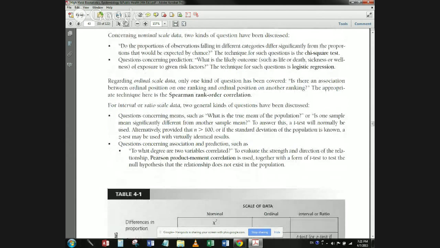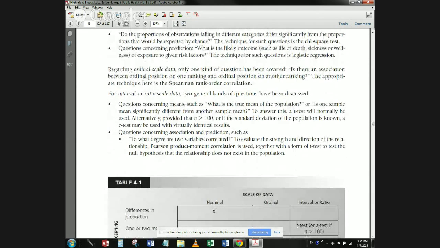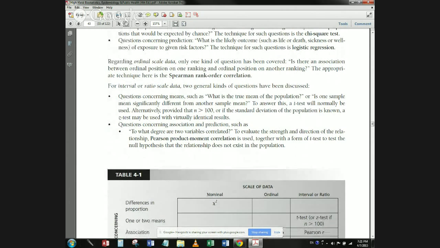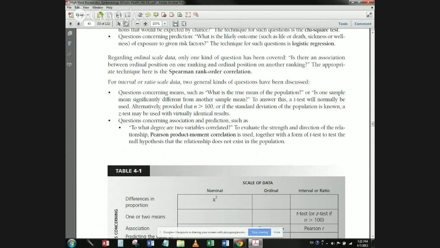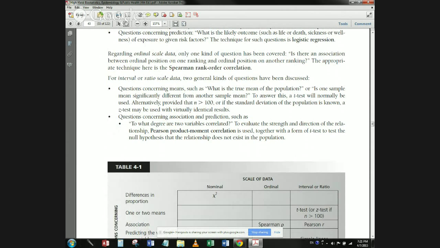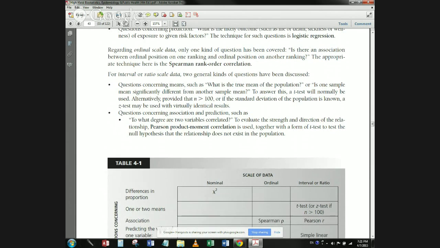Concerning nominal scale data, two kinds of questions have been discussed. Do the proportions of observations falling in different categories differ significantly from the proportions that would be expected by chance? The technique for such questions is the chi-square test. Questions concerning predictions: what is the likely outcome, such as life or death, sickness or wellness, of exposure to given risk factors?